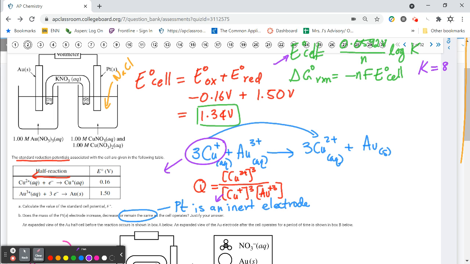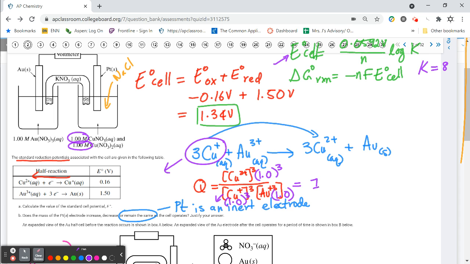If I have 1 molar of copper 2 nitrate here, cubed, and 1 molar of copper 1 ions over here, also cubed, and 1 molar of gold over here, not cubed, then it's 1 cubed over 1 cubed times 1. That is equal to 1, a Q of 1.